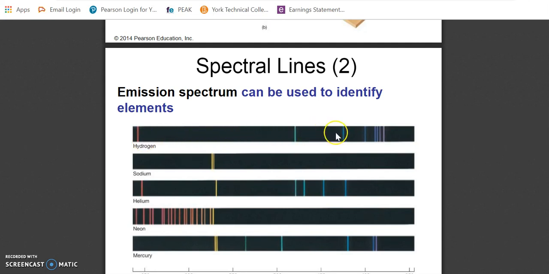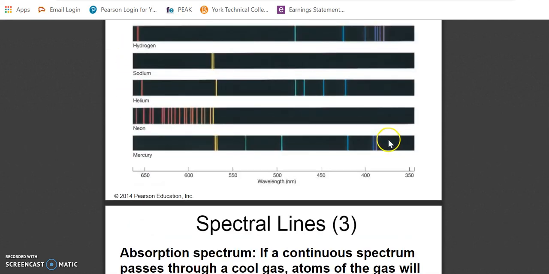This is actually only showing 3 lines. This is the red line, this is kind of an aqua line, and then there's a purple line. And this is actually outside of the visible part of the spectrum. Let's see if it shows you that.